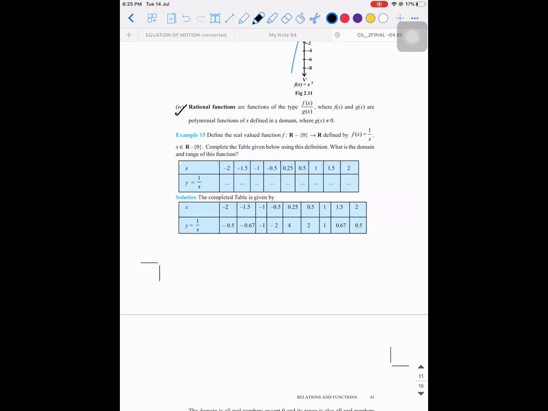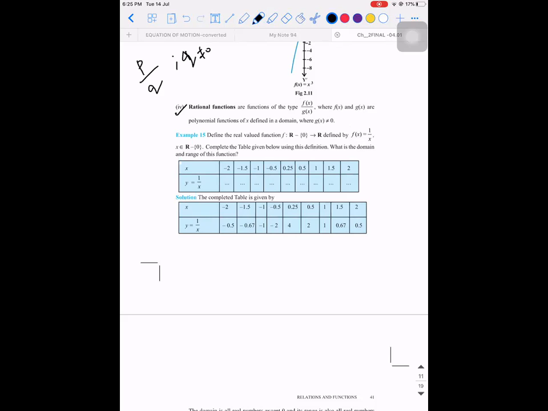A rational number is one which you can write in the form p by q, where p and q are integers, and q should not be equal to 0.